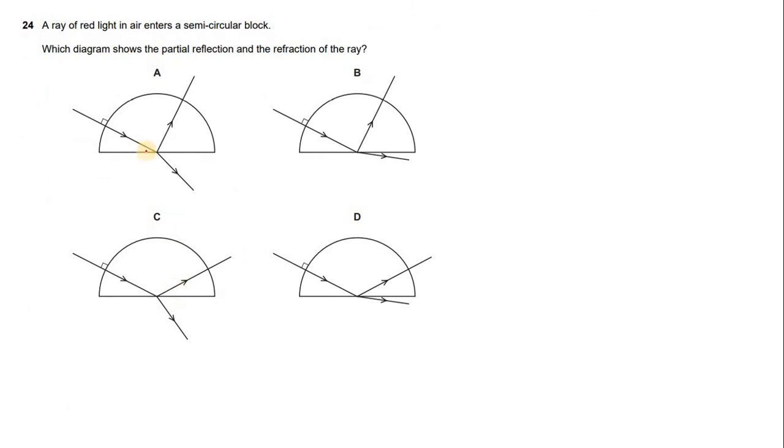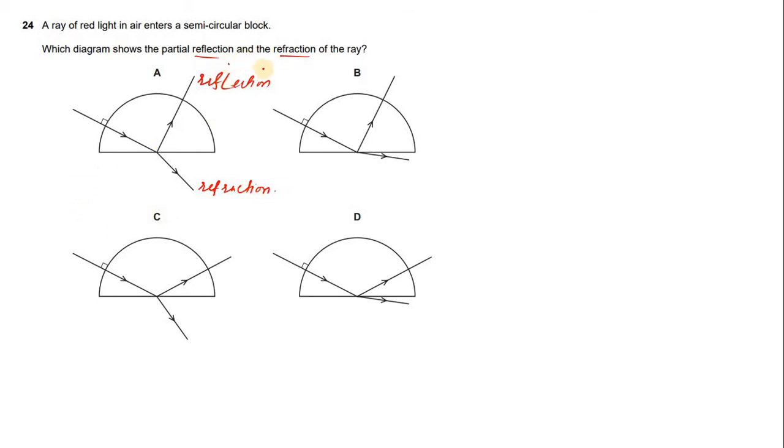Question number 24. A ray of red light in air enters a semicircular block. Which diagram shows the partial reflection and the refraction of the rays? Clearly you see the ray is coming from air. This is the glass block, this is the reflection and this is the refraction.